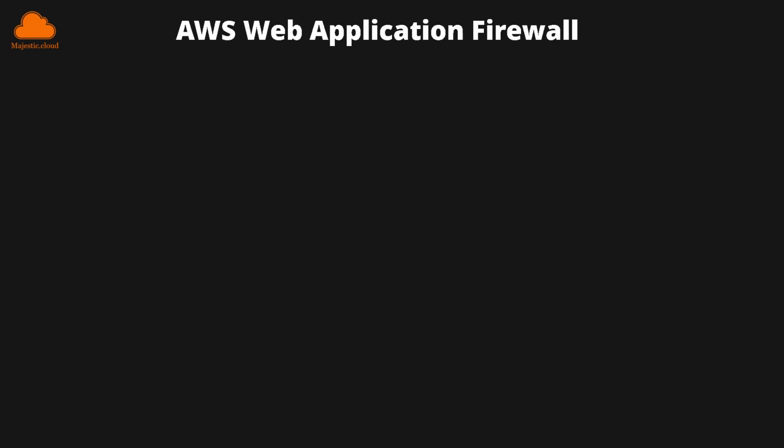Now, that's the definition, but actually you can use the Web Application Firewall from AWS to do much more than that. So let's see what we can protect with it. Let's suppose you have an application which is composed of an API gateway and one Lambda function or many Lambda functions, it doesn't matter.